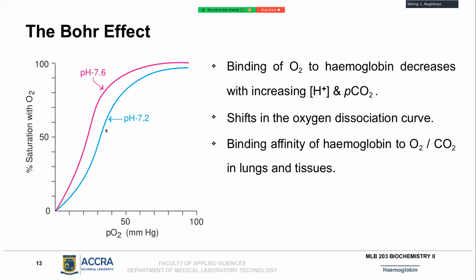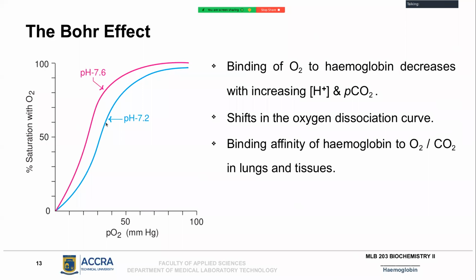Like you rightly said, in the tissues, the hemoglobin should be having less affinity for oxygen because it must release the oxygen and take carbon dioxide. And that is the reason why the graph shifts to the right.